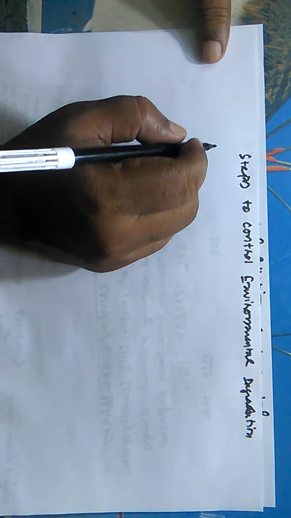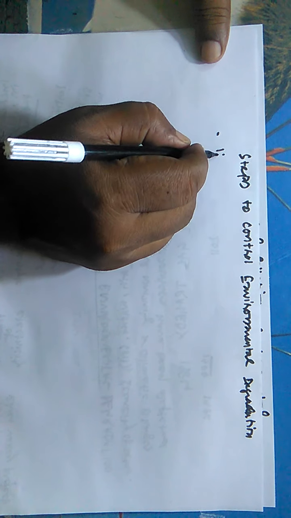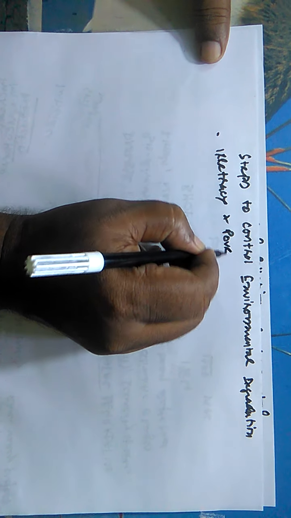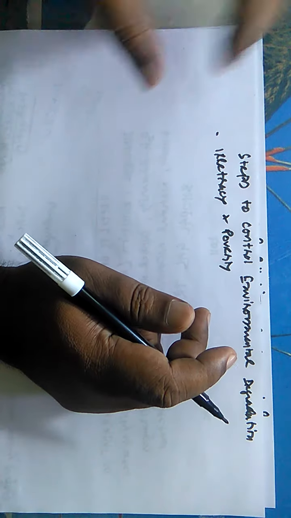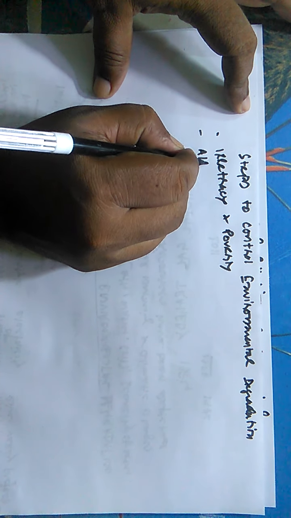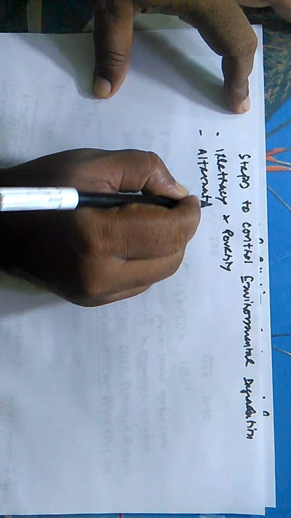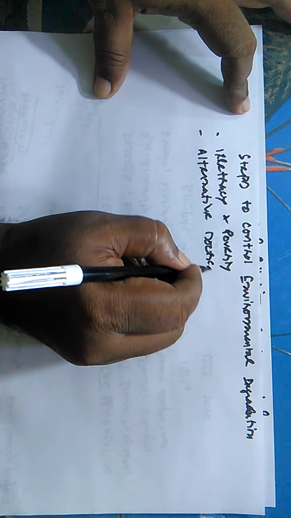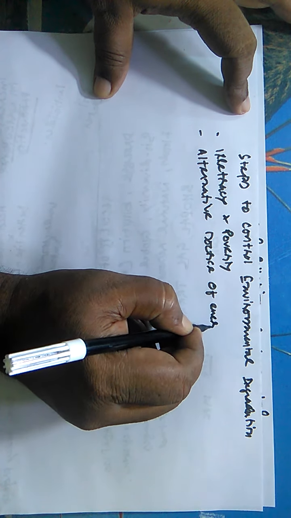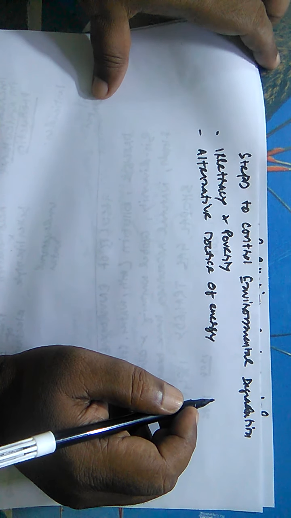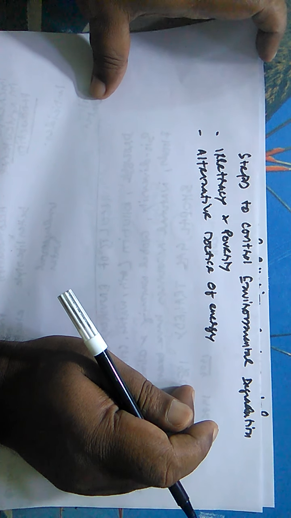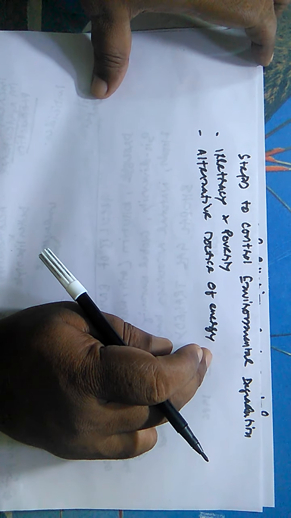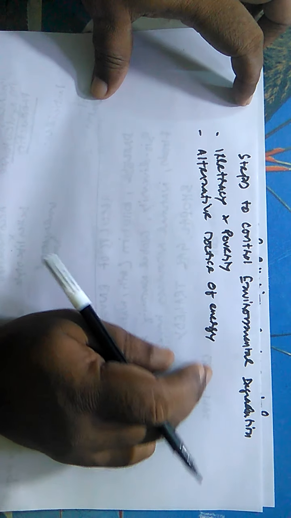One is illiteracy and poverty, which need to be tackled. Along with that, alternative sources of energy need to be developed. That is, increased use of solar energy, wind energy, hydel power needs to be encouraged so that dependence on fossil fuels is reduced.